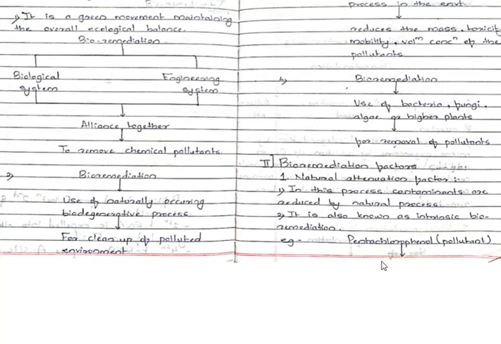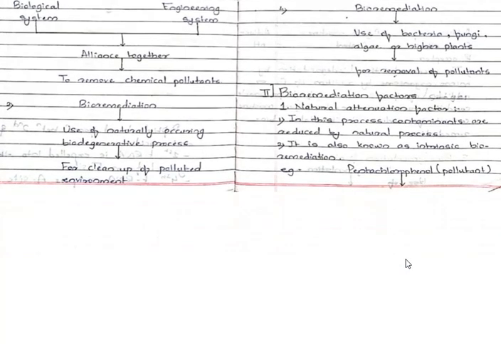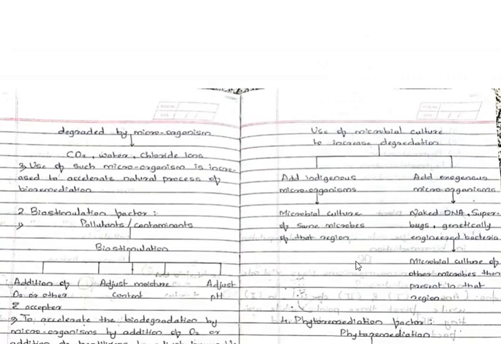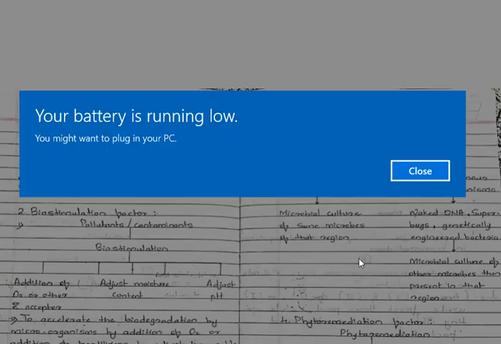For example, pentachlorophenol is a pollutant which can be biodegraded by microorganisms and forms carbon dioxide, water and chloride ions. Such an organism accelerates the rate of bioremediation.